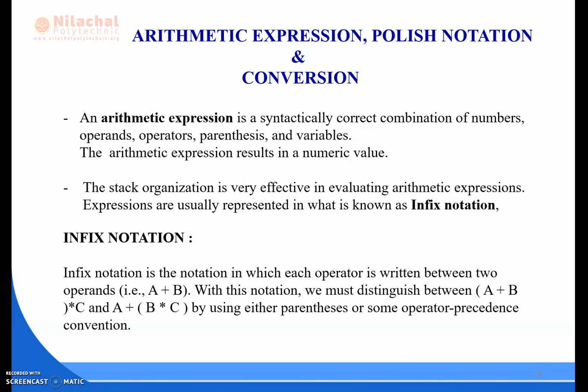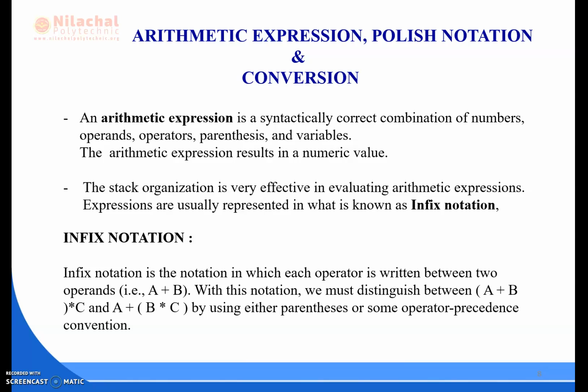Before moving forward to the notations, let's know what an arithmetic expression is. It is a syntactically correct combination of numbers, operands, operators, parentheses, and variables. The arithmetic expression results in a numeric value.